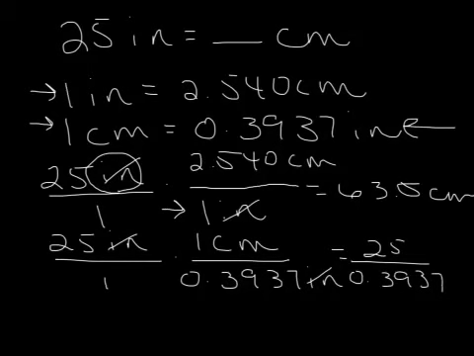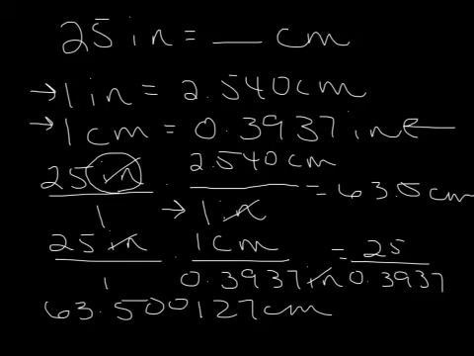So if I do that on my calculator, I end up with 63.5000127 centimeters. So you can see the answers are slightly different, but it's not enough to make a huge difference.